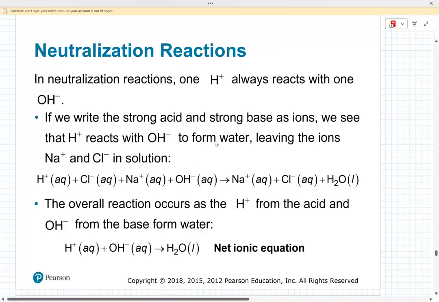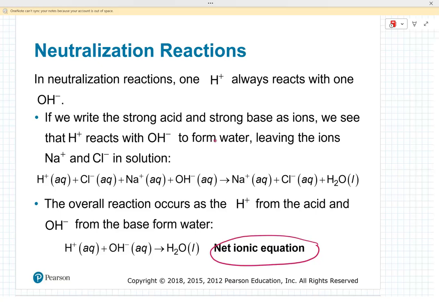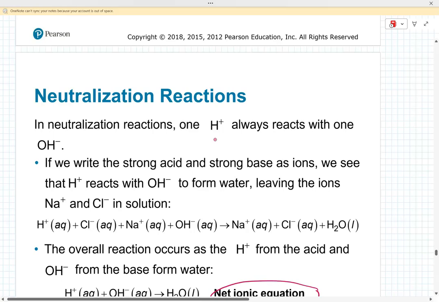So now we're going to talk about neutralization reactions, and we're going to learn about net ionic equation. Okay? So look at this reaction here.